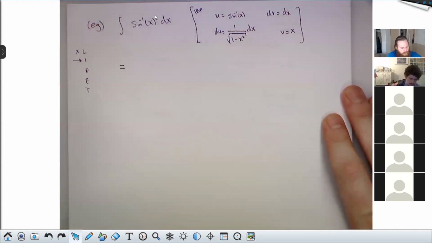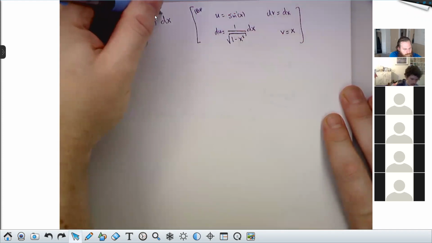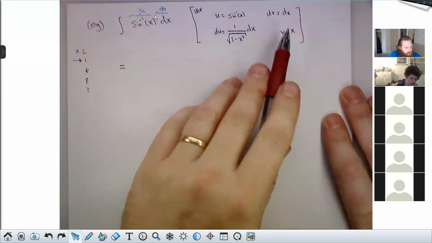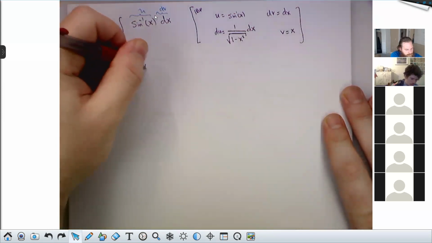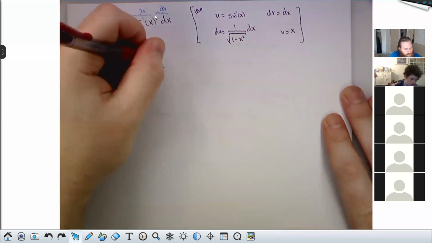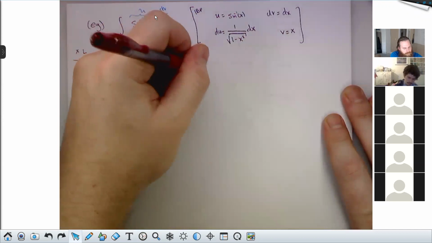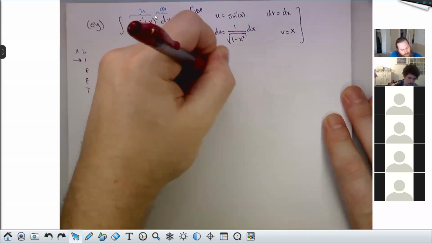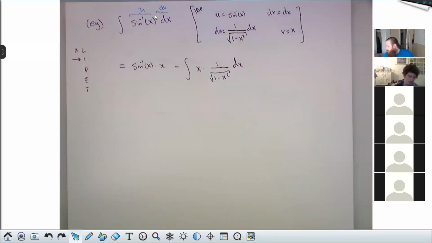It says the integral of this thing, which is u times dv, should be equal to u times v, which is sine inverse of x times x, minus the integral of v times du, which is x times 1 over the square root of 1 minus x squared dx.